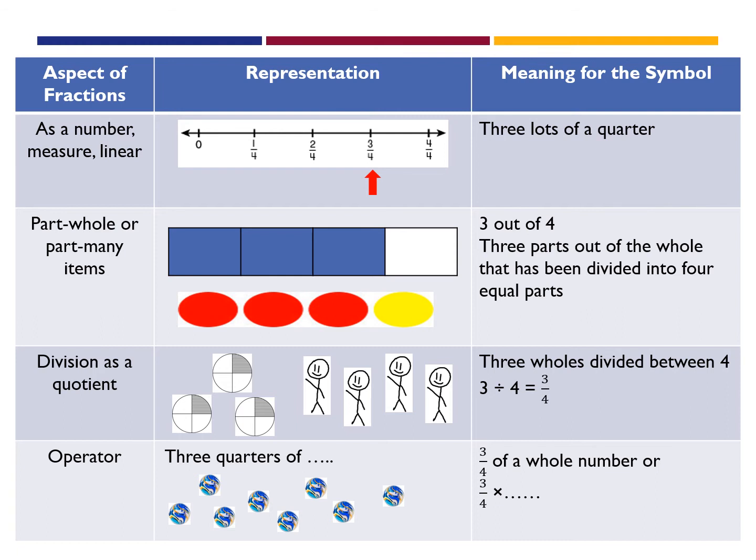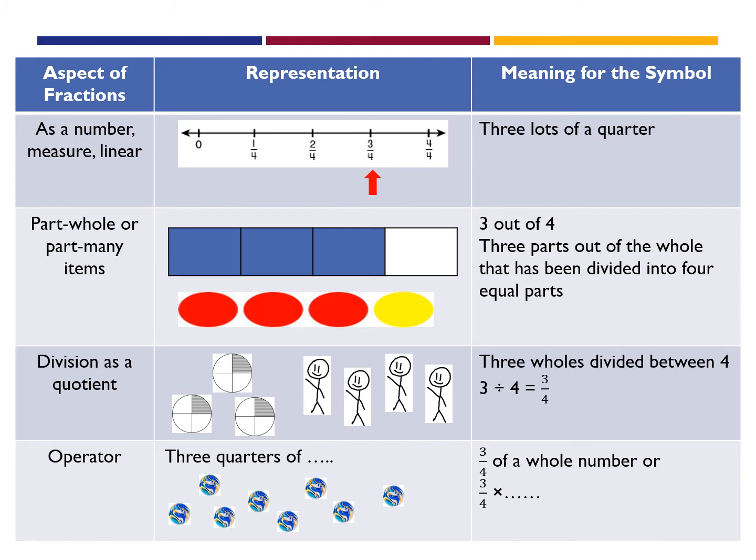But before we do, it's worth mentioning here that there can be a lot of overlap between these. It's not a specific set of discrete things. There's not 4 definitions of a fraction. These ideas just help us to remember the different things that a fraction could be, and also how it applies to wider mathematical areas. So that idea of it on a number line, bringing it as part of a number, thinking of it as its relationship to decimals and how that fits into the place value set, that kind of idea.